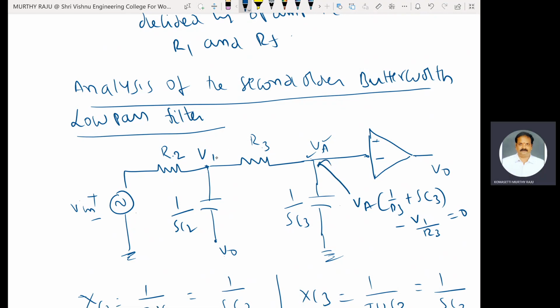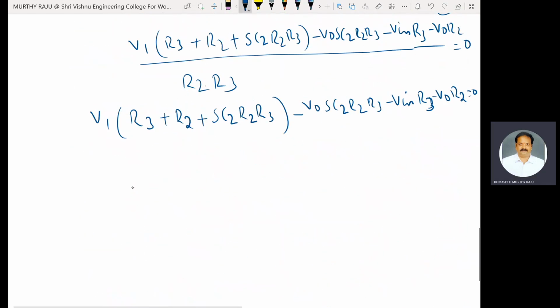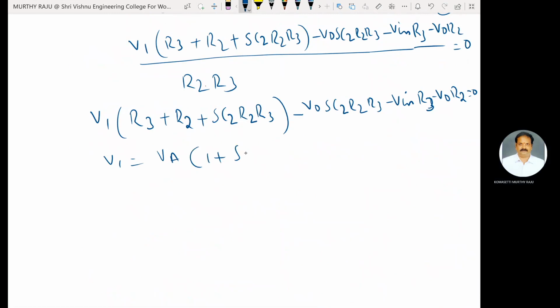The analysis at V1 is already completed. Simplifying, VA into 1 plus S C3 R3 by R3 is equal to V1 by R3. Therefore, V1 is equal to VA into 1 plus S C3 R3. This is equation 2.